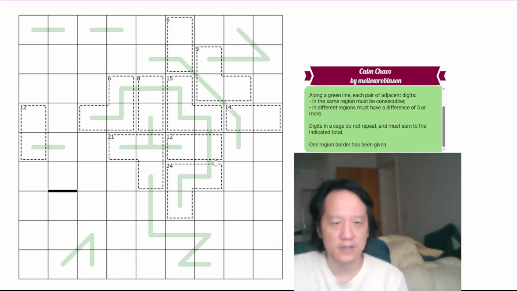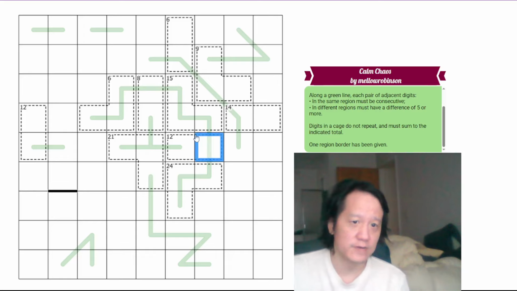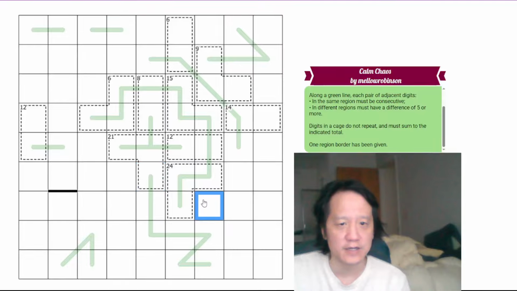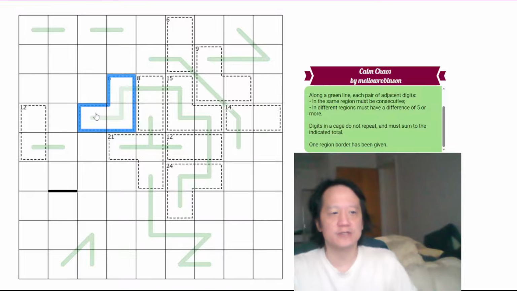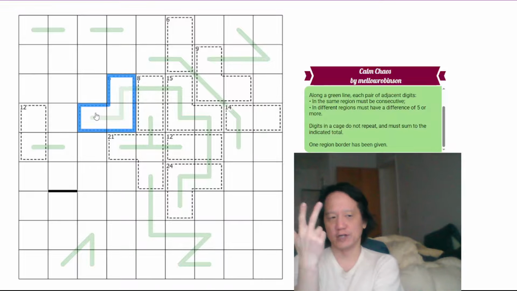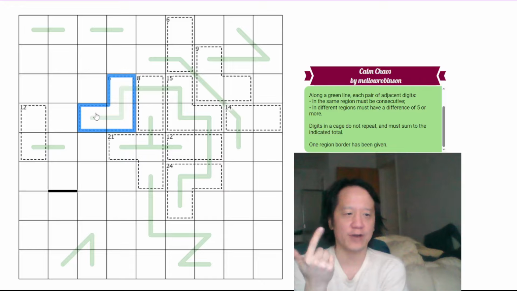Let's go. Okay. The one thing I see here are the cages. So this has to be 1, 2, 3 adding up to 6 because digits in cages do not repeat and they must sum to a total. So that means this is at minimum 1, 2, and 3, which it has to be, because if you add any more, you won't get a sum of 6.